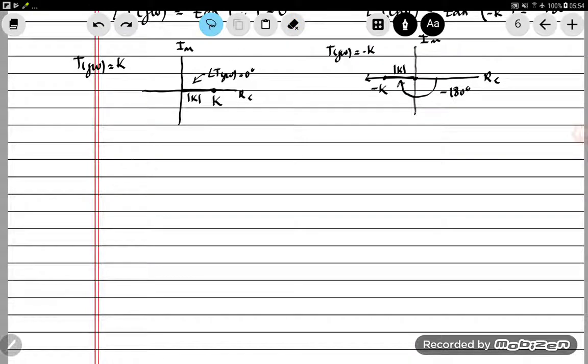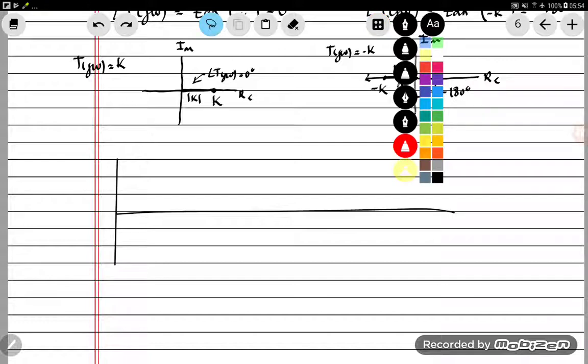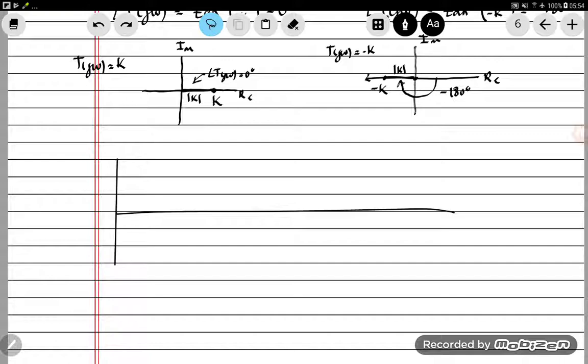We can now start drawing the magnitude and phase plots. We have to recall that on the magnitude axis we plot it in decibel scale, so it should be 20 log of the magnitude of the frequency response transfer function, and this is omega plotted on a log scale.